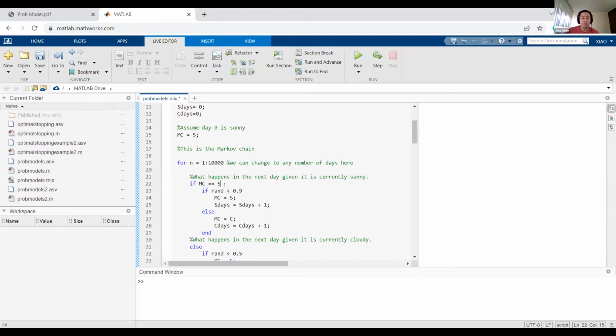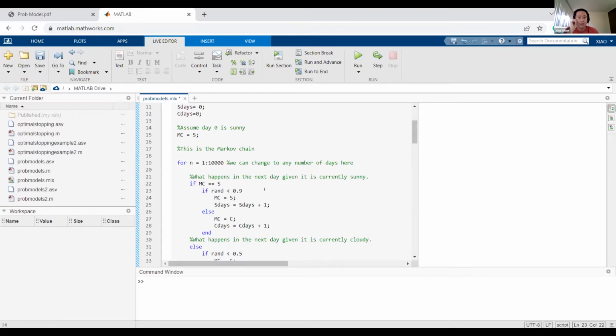Anyways, now we want to see what happens the next day, given today is sunny. Or another way to say it, the particle is at site S. So if the particle is at site S, then as we mentioned before, we're going to flip a coin. The coin flip can be done using the random number function, which we saw a couple of weeks ago from Kishat.